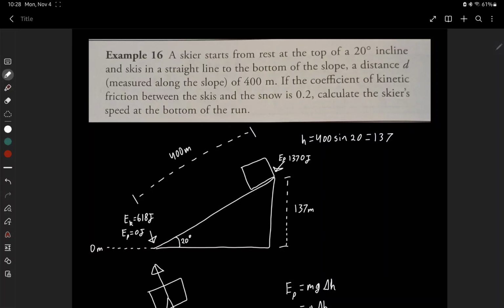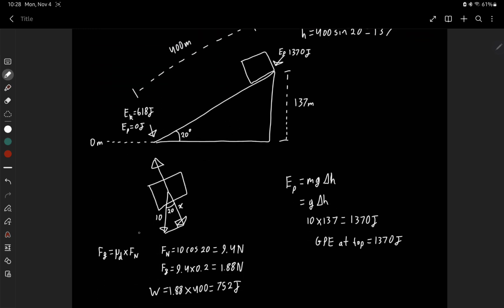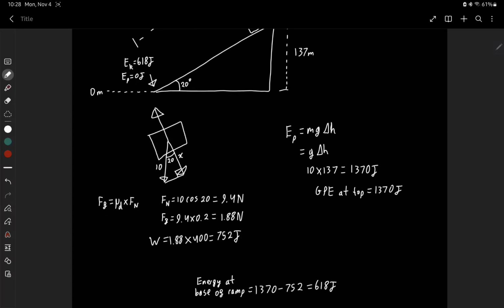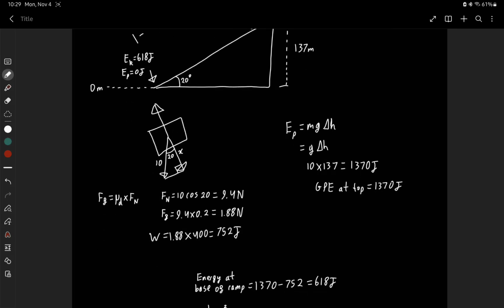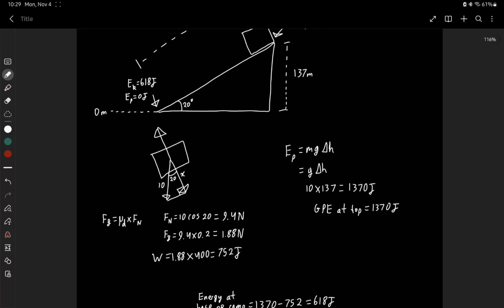Again, an overview: we found the height, found the initial gravitational potential energy, then we found the frictional force to get the work done over the inclined friction plane. We found the work from the force times the distance, and that's the energy lost.